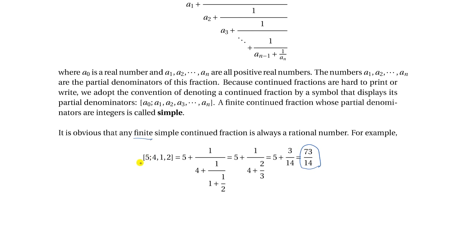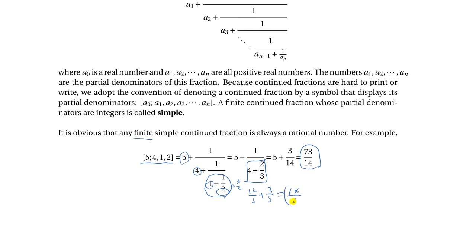Let's say 5 semicolon 4, 1, 2. All the numerators are 1. From here, this is 3 halves, then 1 over 3 halves means 2/3. So 4 plus 2/3 is 12 over 3 plus 2 over 3, so 14 over 3.